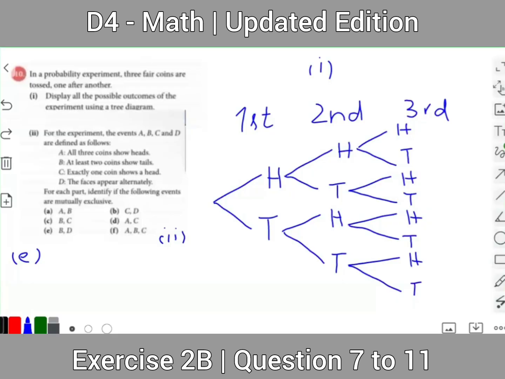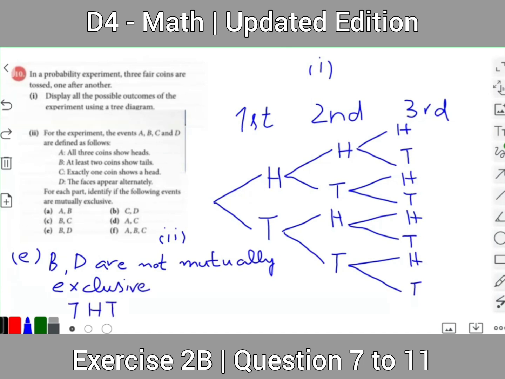Now, in part E, we have to find out for B and D. B and D are not mutually exclusive, because the outcome THT is favorable to both events.